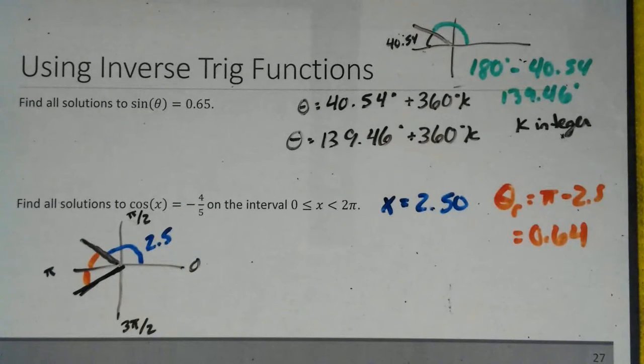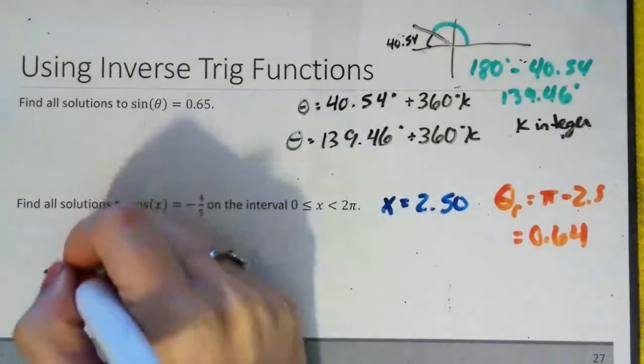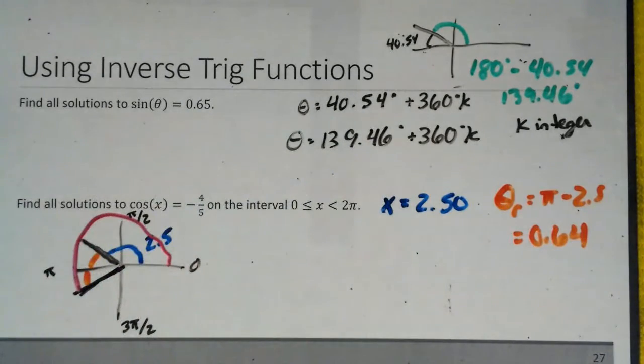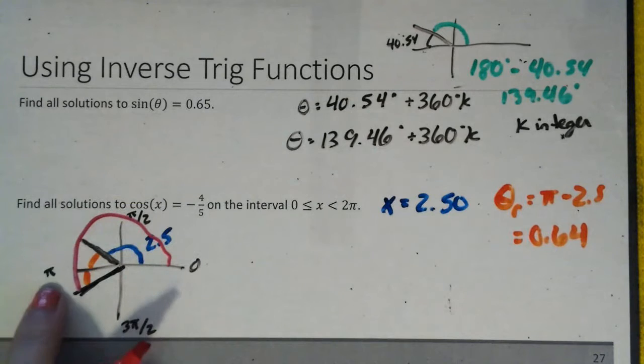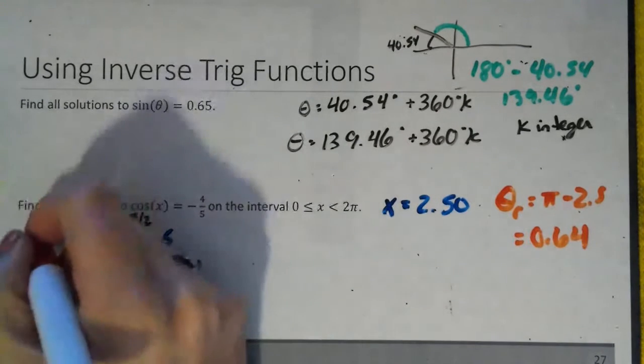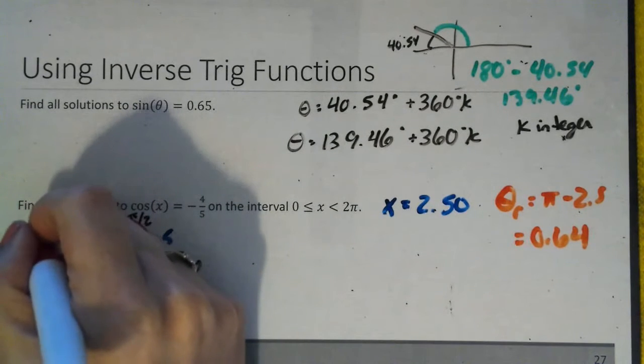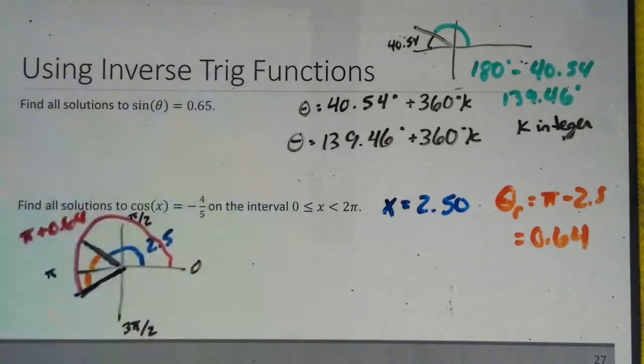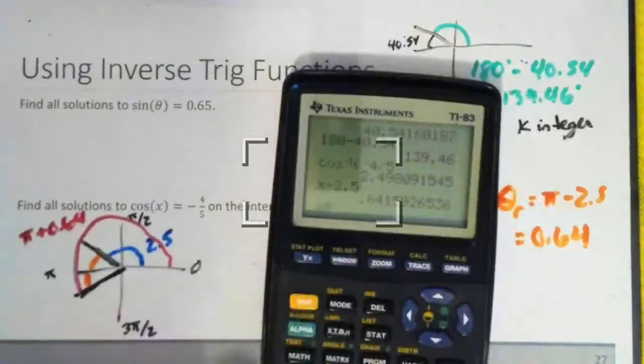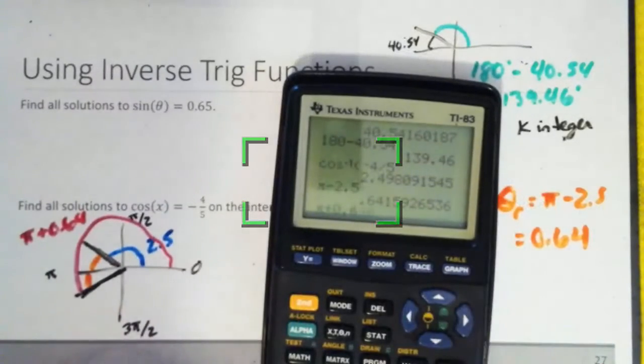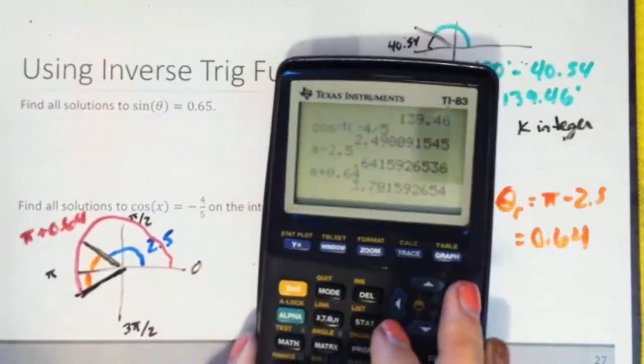But I want the full angle, which would be from the beginning all the way around to there. To find that angle, I'm going to have to do pi plus my reference angle. And pi plus 0.64 is 3.78.